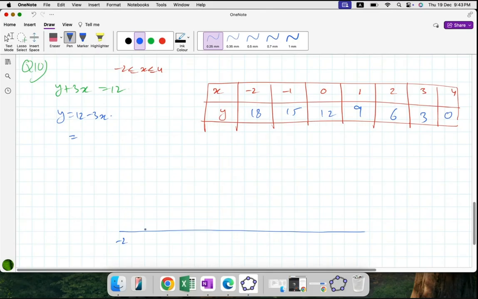Minus 2, minus 1, 0, 1, 2, 3, 4. And let's say 1, 2, 3, 4, 5, 6, 7, 8, 9, 10, 11, 12. I'm taking this as 4, 5. Let's say 5, 1, 2, 3, 2, 4, 6, 8, 10, 12, 14, 16, 18. So I'm done.